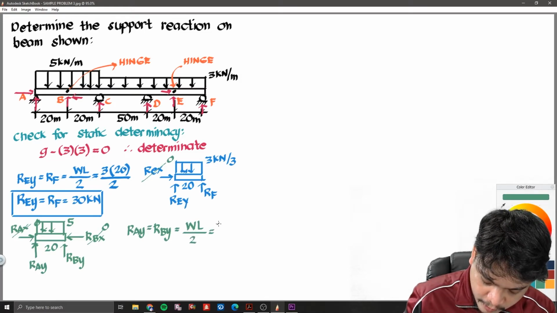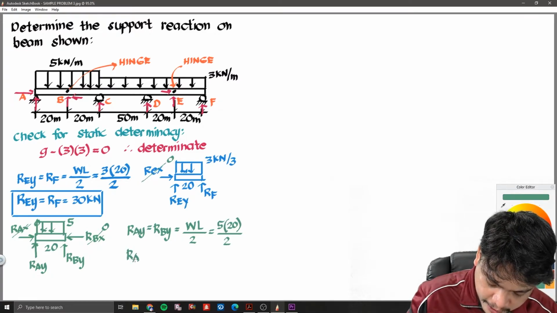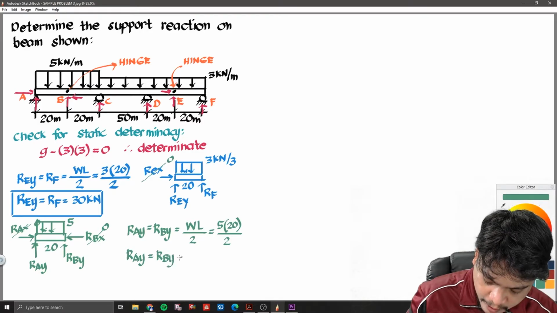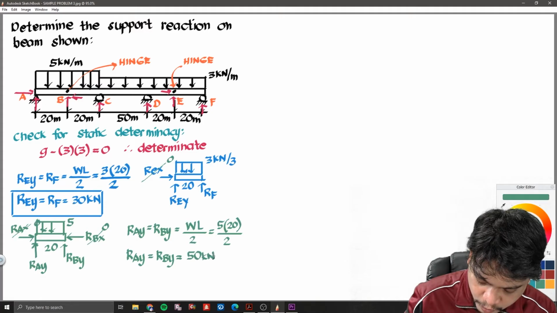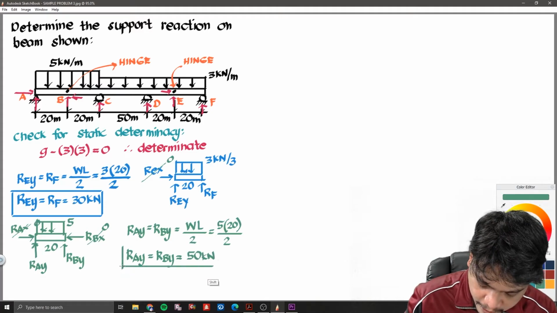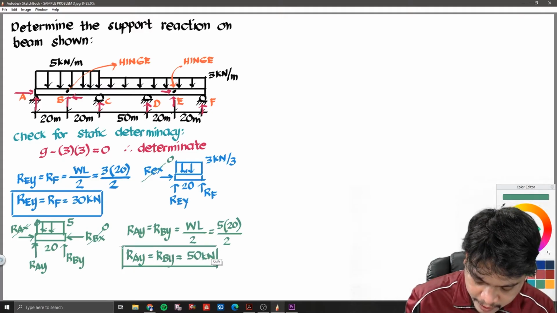Or that's equals to 5, 20 all over 2. Okay? So, yung RAY natin is also equal to our RBY, and that would become equal to 50 kilonewton. Okay? So, we have now the second reaction.